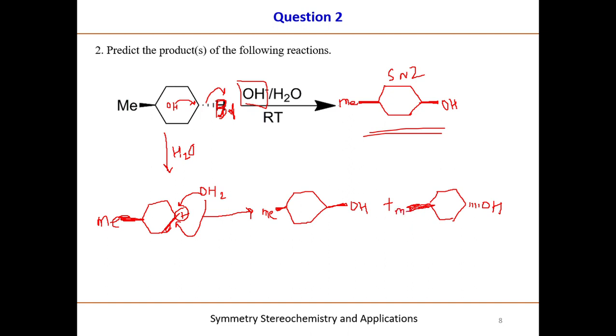Methyl group. So these two products are possible with the SN1 pathway.